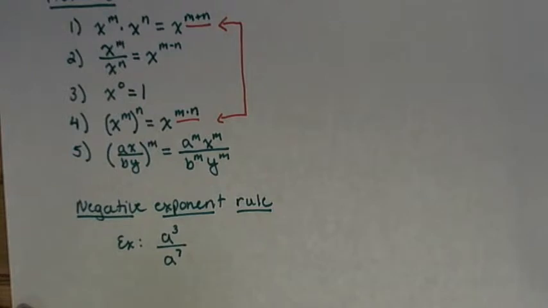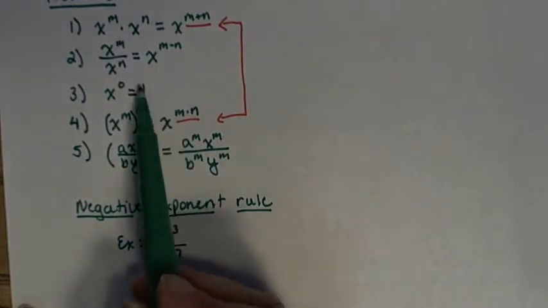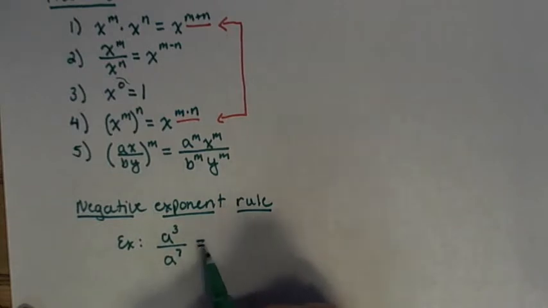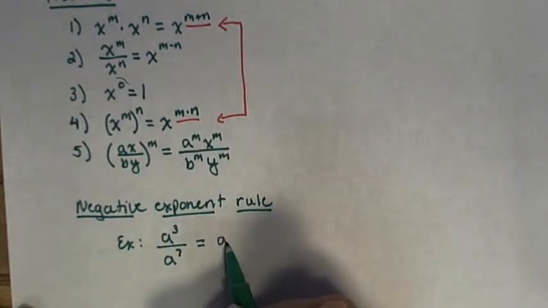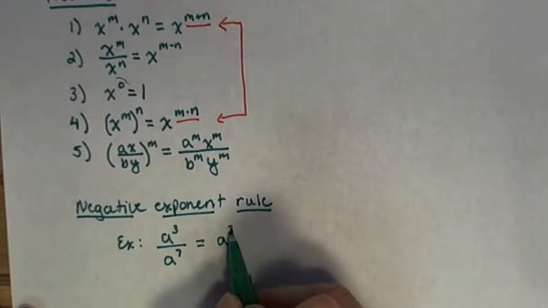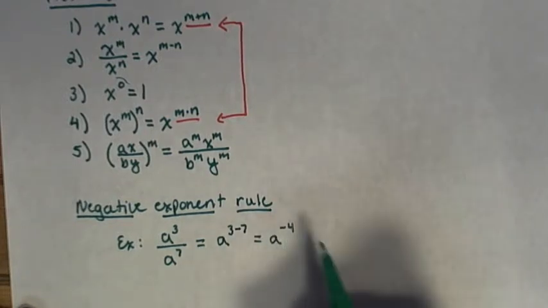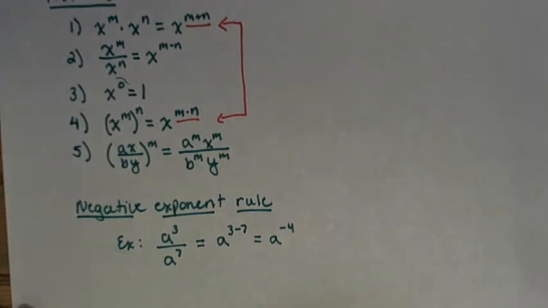But if we think about our rule from up above, which is our quotient rule, one way we could do this is we could say, well, I take a and I take the 3 and subtract the 7, and I would get a to the negative 4th. The problem is when we are working with exponents, we are always going to want to write our expressions with positive exponents. So how do I deal with this a to the negative 4?